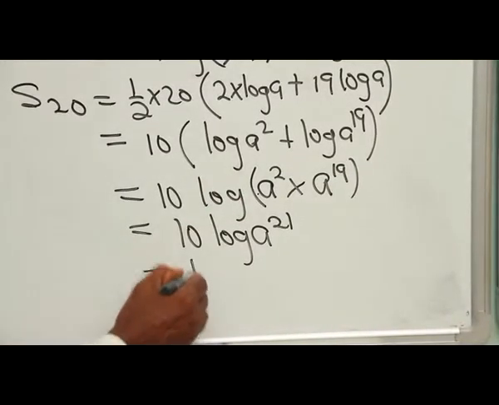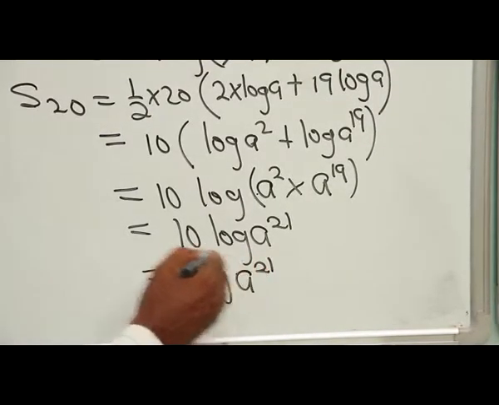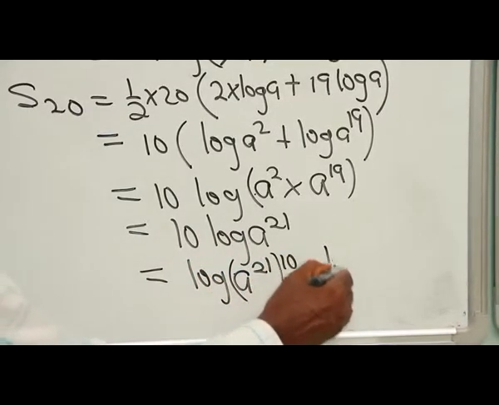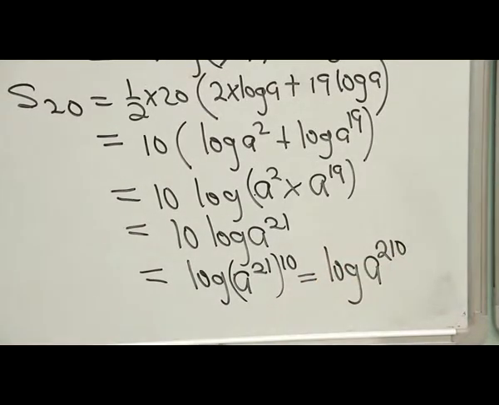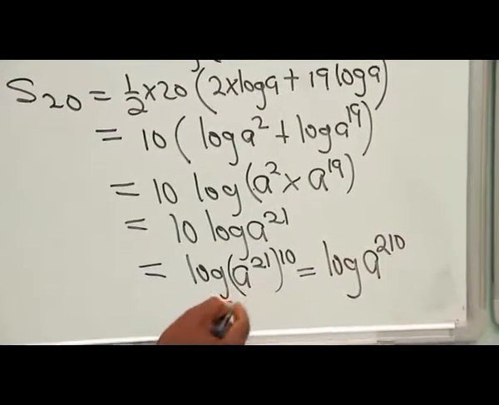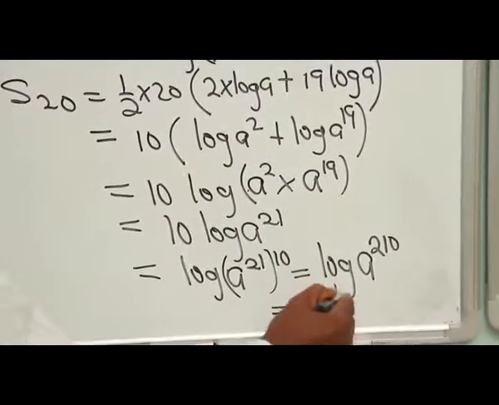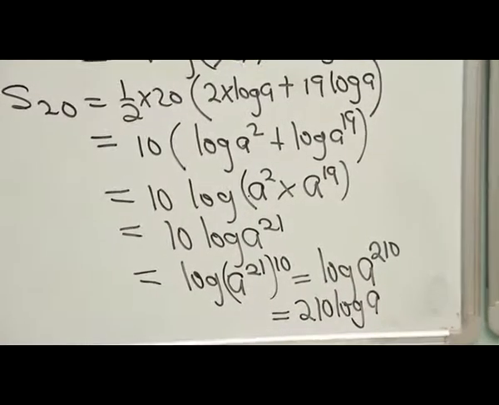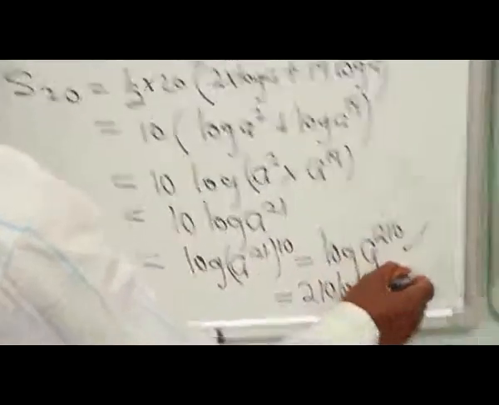And this of course will be equal to the logarithm of a to power 21, and then again this is to power 10, which eventually becomes the logarithm of a to 210. And of course we can see this as equal to 210 log a. So whichever one, you can take this as the answer.